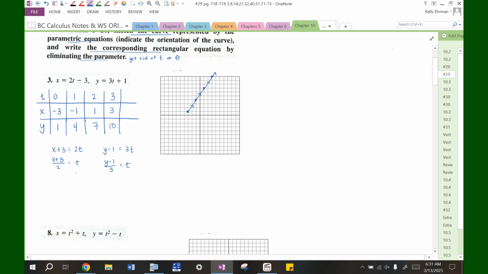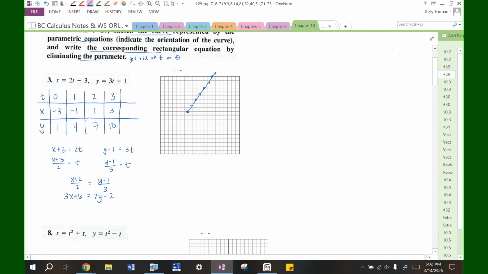If both of these equations are equal to t, I can set them equal to each other. Oops. Try to write them down correctly there. And there's not really a rule for how far to simplify this. I'm going to go ahead and multiply the 3 to the other side and the 2 to the other side. So it'd be like 3x plus 6 equals 2y minus 2.